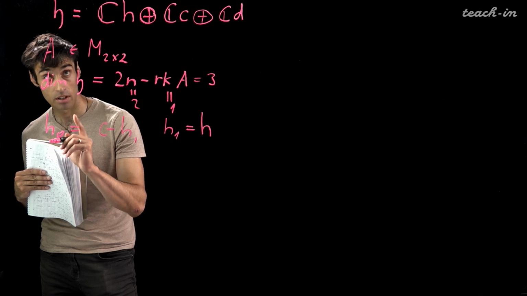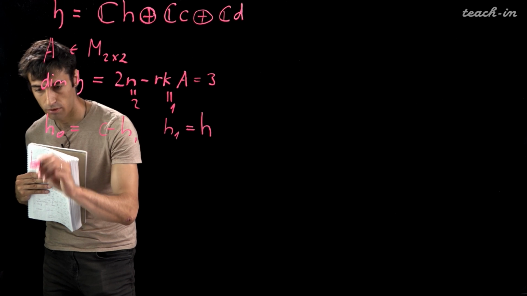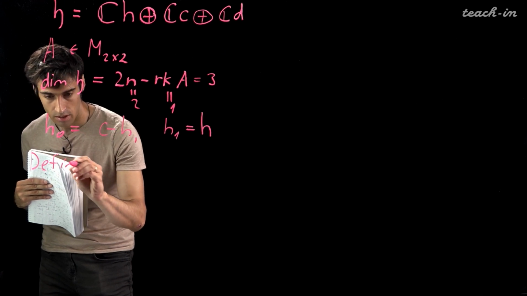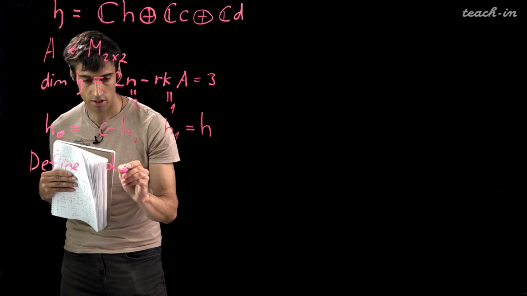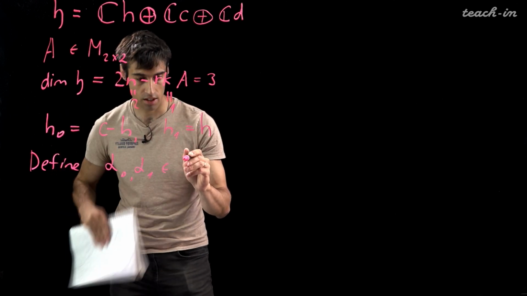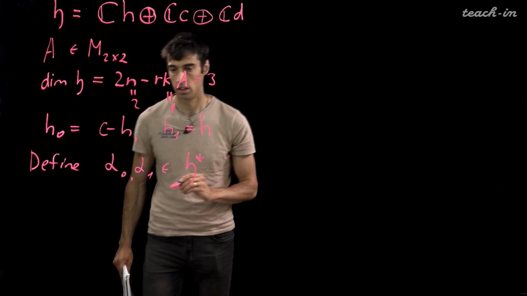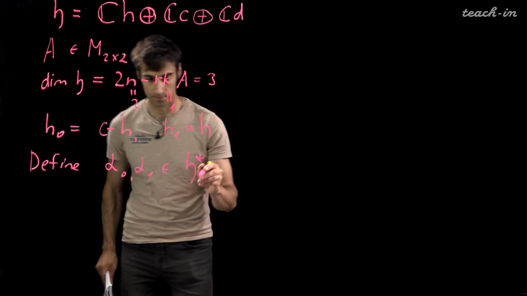Aside from these two elements in H, I'll also need to give you two linearly independent elements in H star. So define alpha 0 and alpha 1. These are linear functionals on H, so they live in H star as follows.